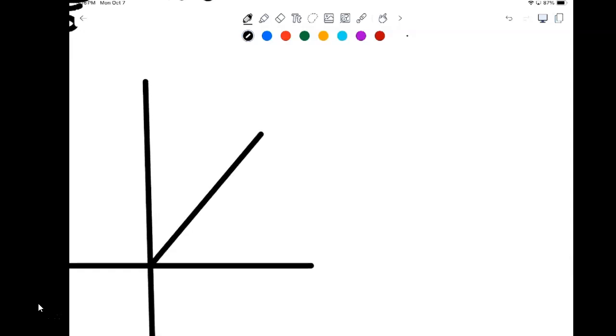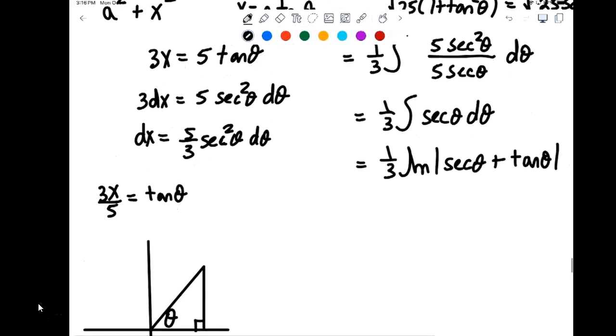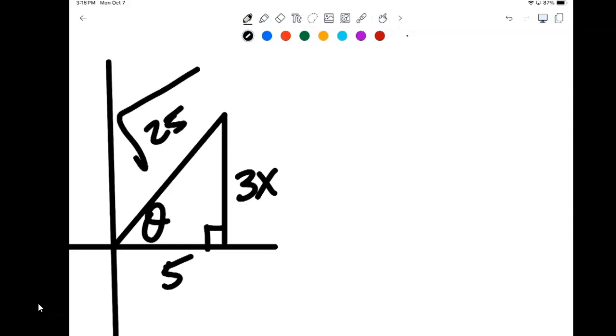So we'll put it here into the first. There's my theta. Tangent is 3x over 5, so that is opposite over adjacent. And remember, we use the Pythagorean theorem to find the third side, which would be the square root of the sum of the squares, or square root of 25 plus 9x squared.